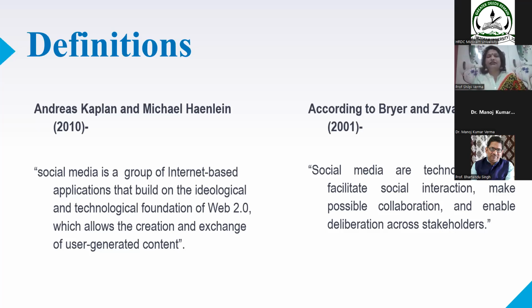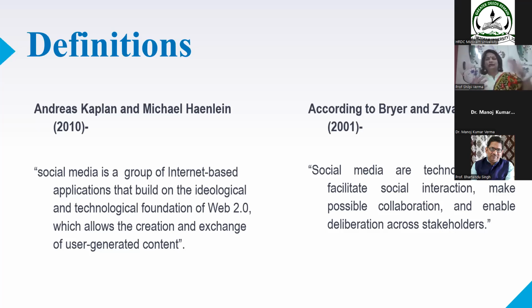Another definition, by Breyer and Javetro, says that social media are the technologies that facilitate social interaction, make possible collaborations, and enable deliberation across the stakeholders. Very true, social media uses technologies that help in social interaction.